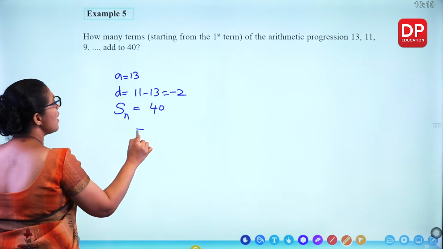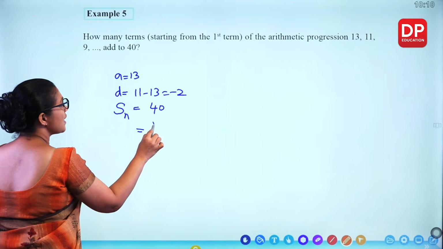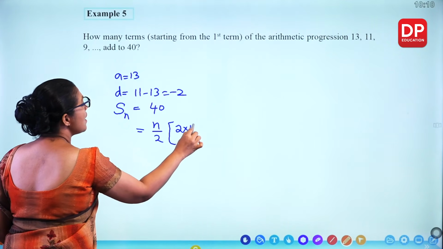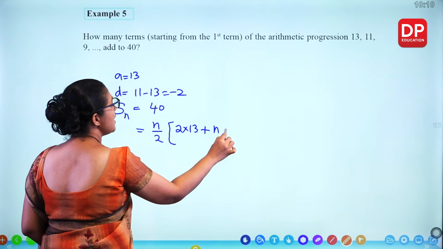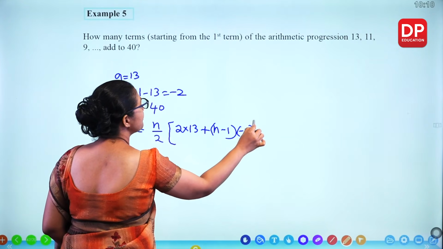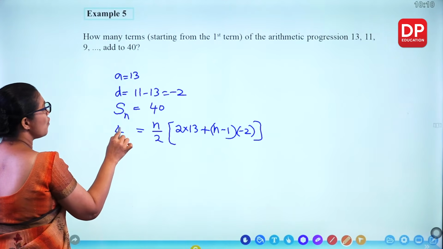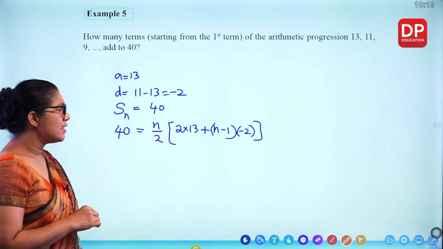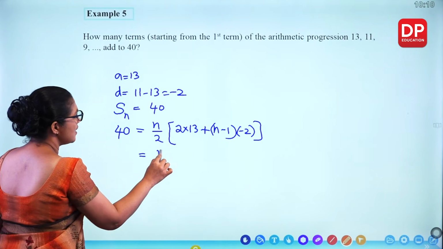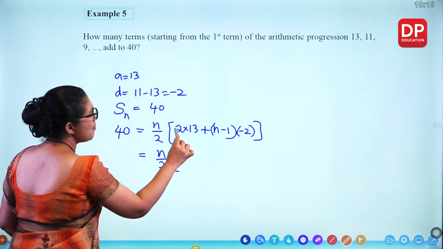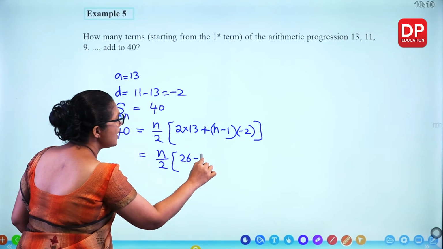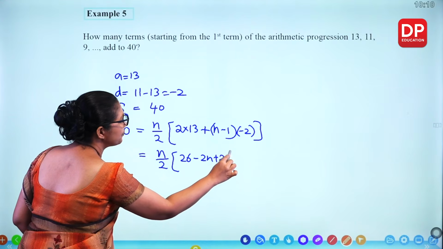So use the formula in terms of a and d. n over 2, 2a plus n minus 1 d. d is minus 2. That's equal to 40 because the sum is given 40. Now first simplify inside part. 13 times 2 is 26 and minus 2n plus 2.